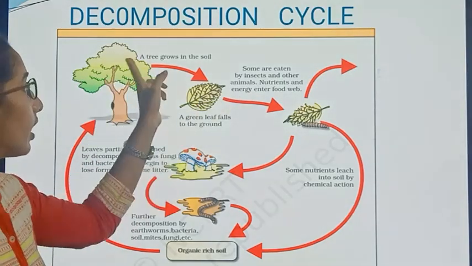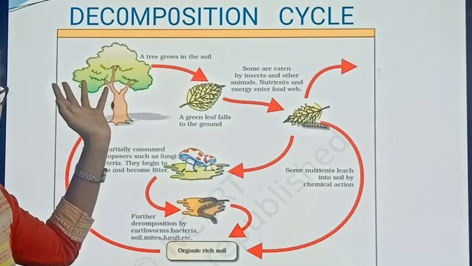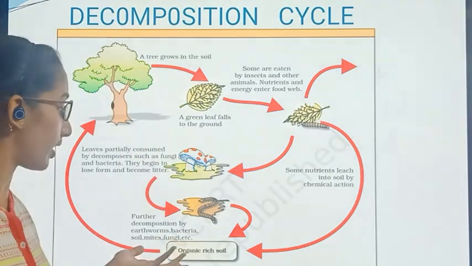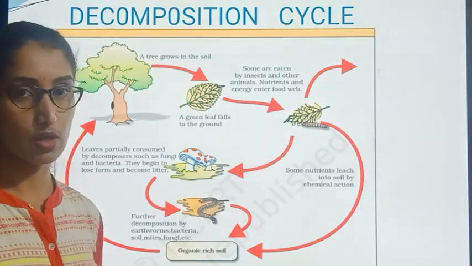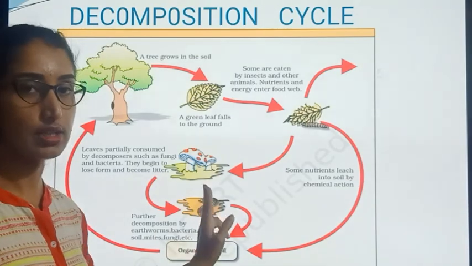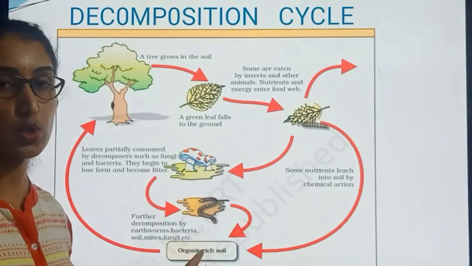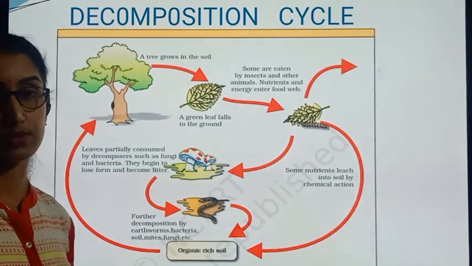The tree grows in the soil by absorbing the nutrients and minerals released from these organic substances, and this is how the cycle continues. So this shows a clear picturization of decomposition.